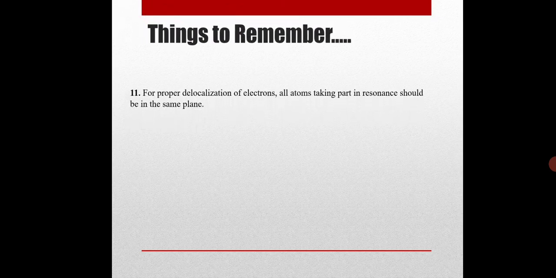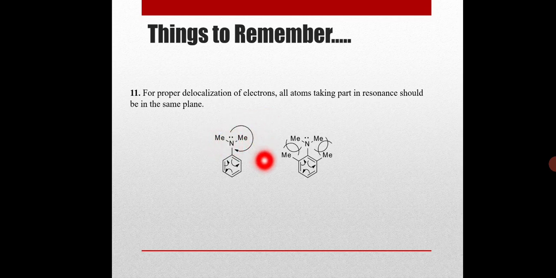The next point is, for proper delocalization of electrons, all the atoms taking part in resonance should be in the same plane. Look at this example. This is N,N-dimethyl aniline. Aniline is NH2, and in that both hydrogens are substituted with methyl groups, so it becomes N,N-dimethyl aniline.